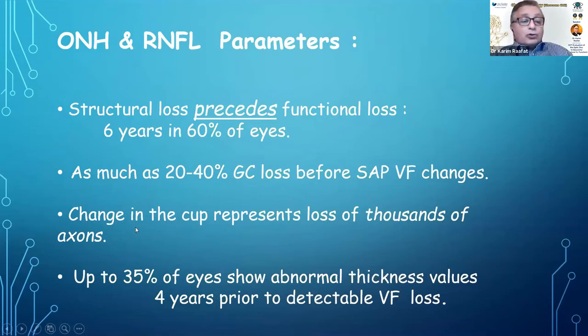And again, as Dr. Ali mentioned, changes in the cup represent a loss of thousands of axons. And the review also shows that up to 30% of eyes have abnormal thickness values 4 years prior to detectable visual field loss in clinical practice. And if this period is increased to 8 years, about 19% of the eyes have abnormal thickness before any detectable visual field loss.